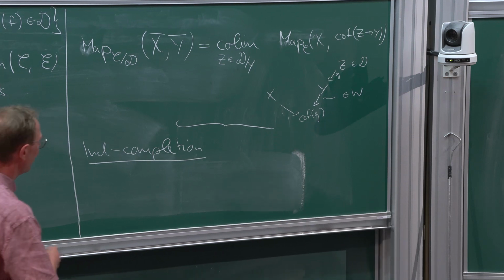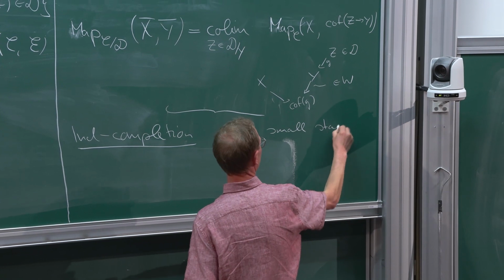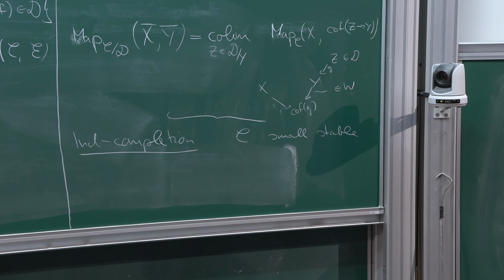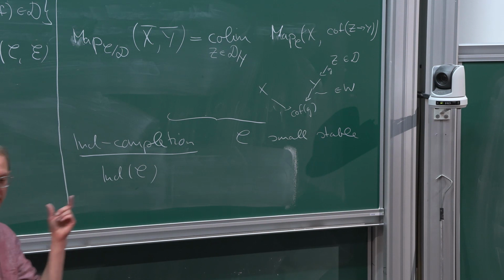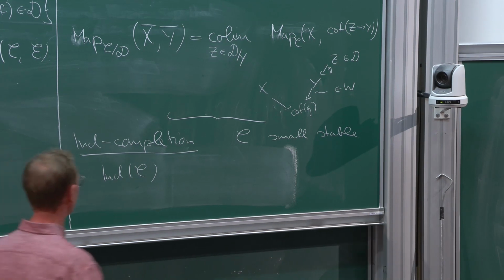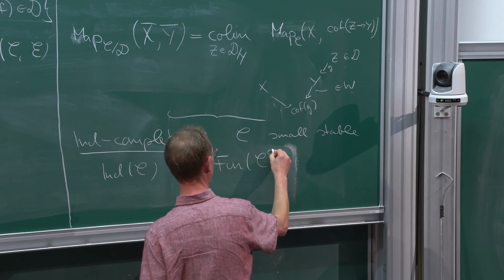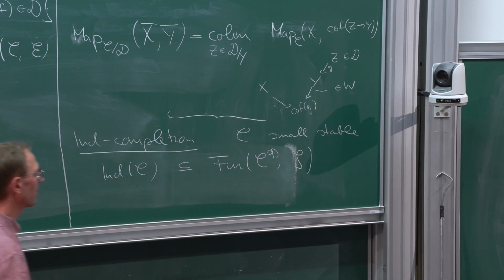Okay, so C is again small, stable. Then we often pass to the Ind-completion, and the point is that this is now a presentable category, and then you have adjoint functor theorems and so on that you can use, which you don't have for small categories. And how is it defined? You can define it, for example, as a full subcategory of presheaves, where curly S stands for spaces, or anima if you like.